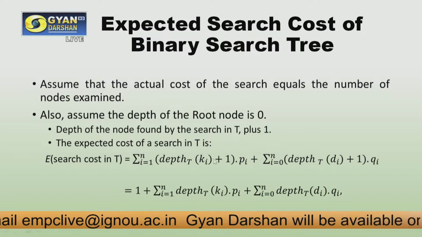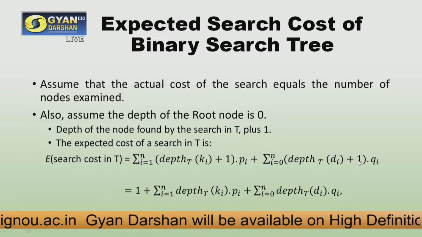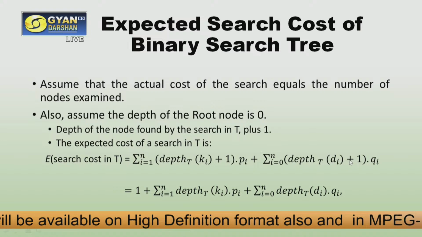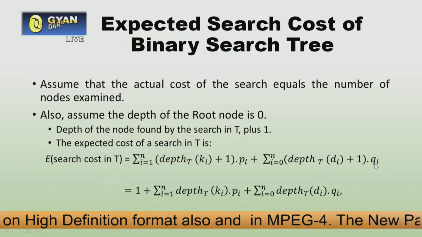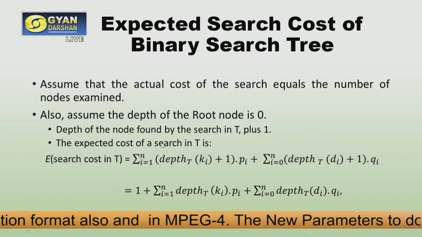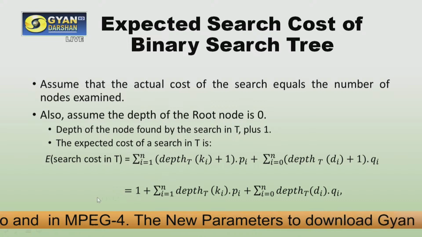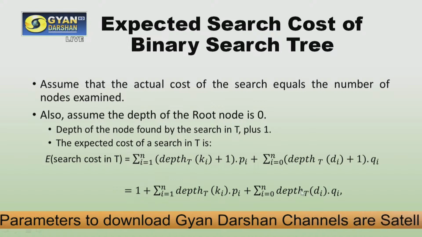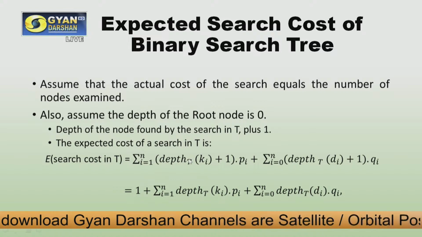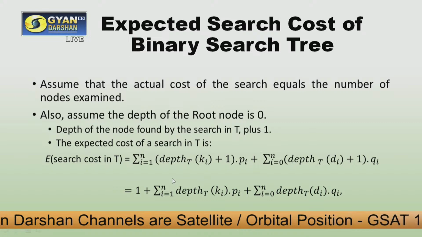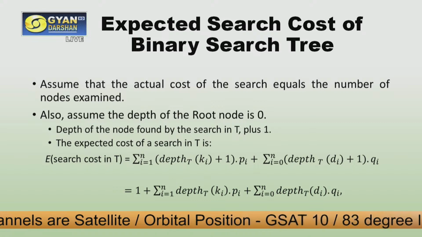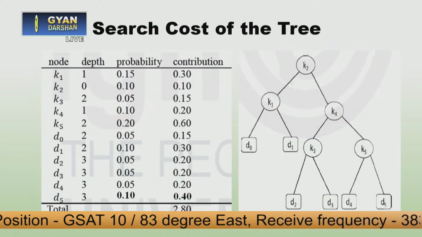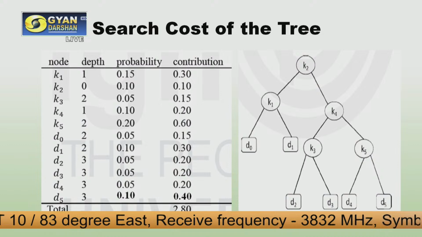This part is for the key nodes, and over here also it is going to be plus 1, because the depth is plus 1, multiplied by the probability of those nodes. So this is the formula. Technically speaking, you can take the 1 out of the sum and keep it as a separate term, but we will use this formula to determine the expected search cost of a binary search tree.